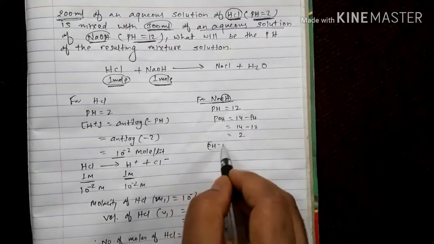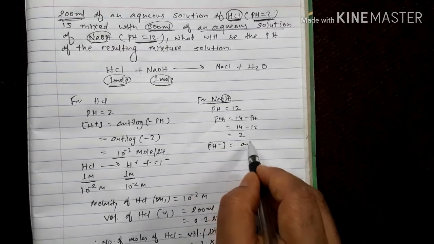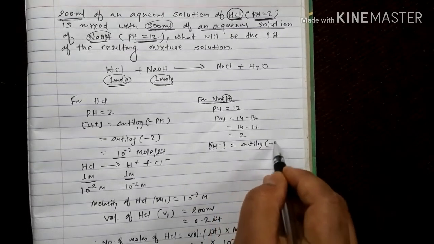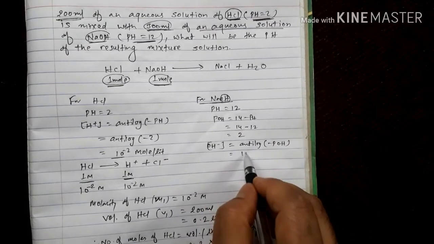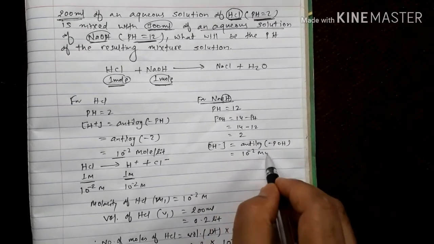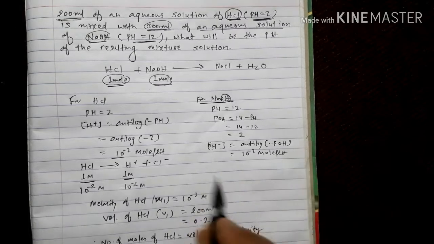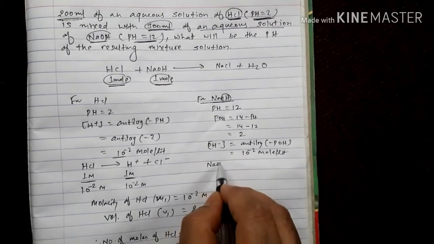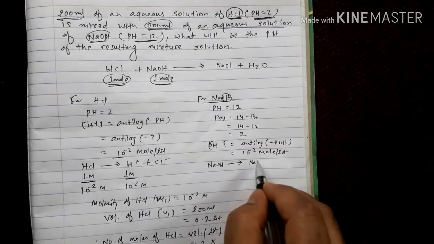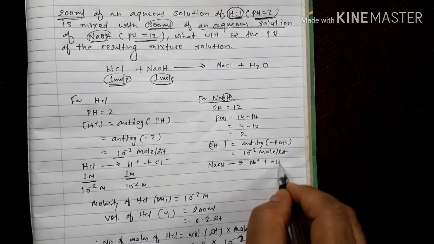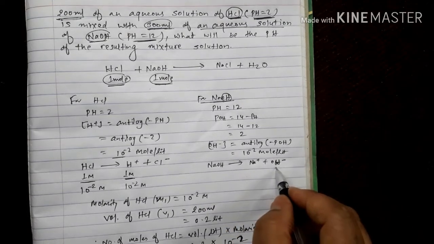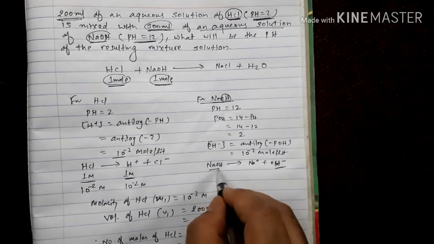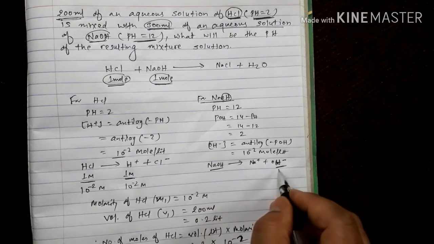Concentration of OH minus is anti-log of minus pOH. If you put the value here, you will again get 10 to the minus 2 moles per liter. Similarly, NaOH ionizes to Na plus and OH minus, it is a strong base, it ionizes completely. The concentration of OH minus is the concentration of NaOH.